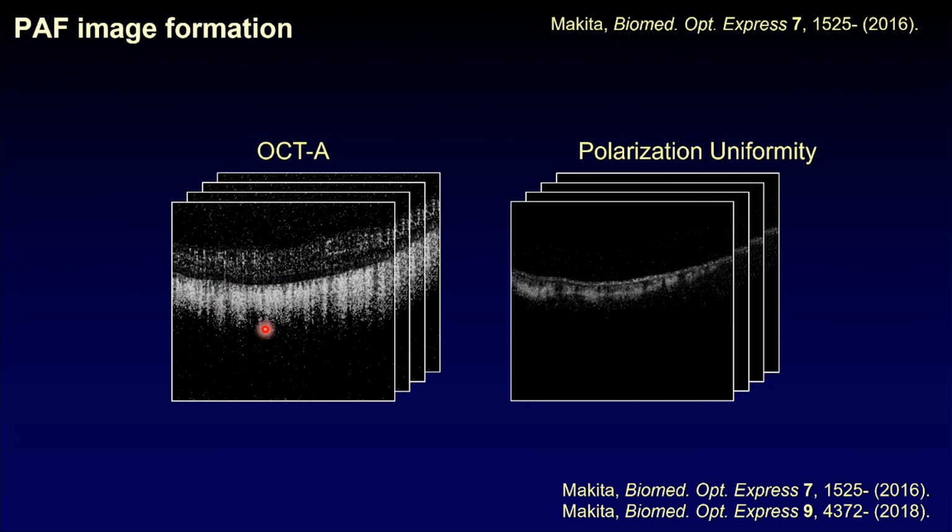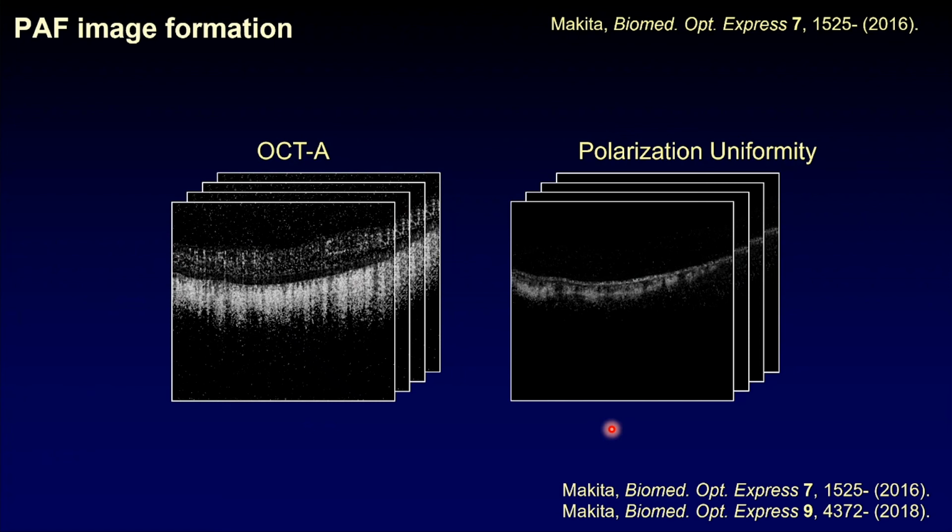Now, one of the useful contrasts is OCT angiography, the volumetric data, like this one, right? And also we have the polarization uniformity. It is sensitive to melanin, okay? The melanin is important to visualize the retinal pigment epithelium. And the retinal pigment epithelium is a very active cell, and it plays a quite important role in maintaining retinal function. And surely the OCT vessels are important, right?